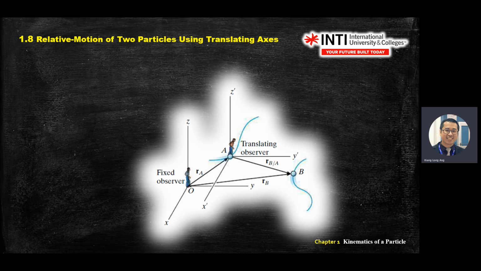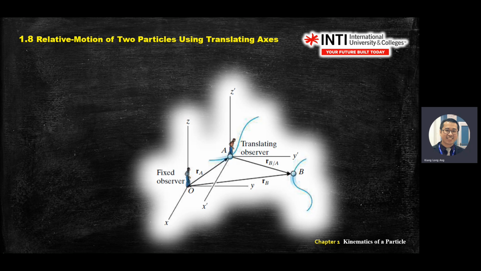Then A, looking at B, is given by a vector written as R B stroke A. How do you read R B stroke A? Position of B referring to A. Yeah, how you read this one: position of B referring to A.